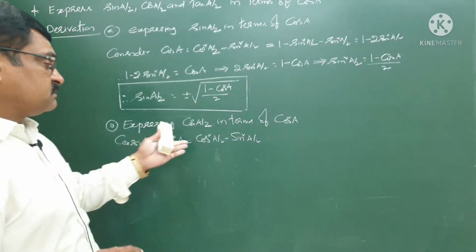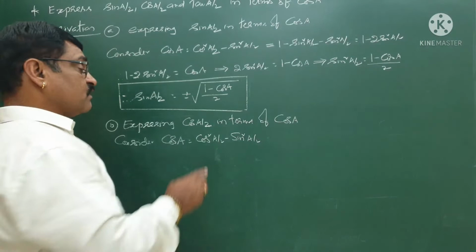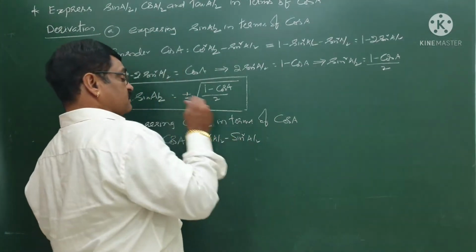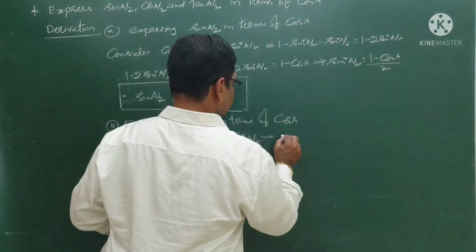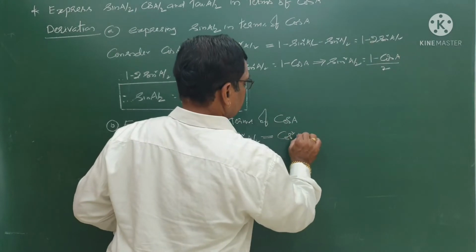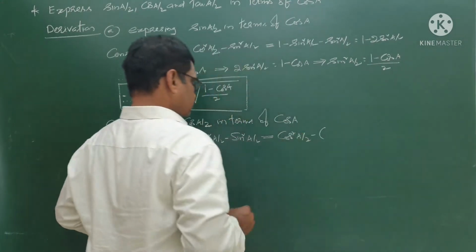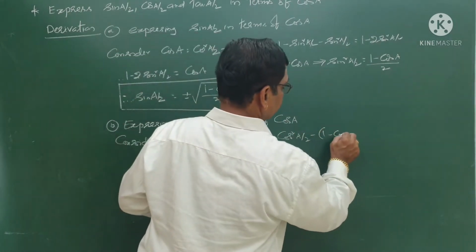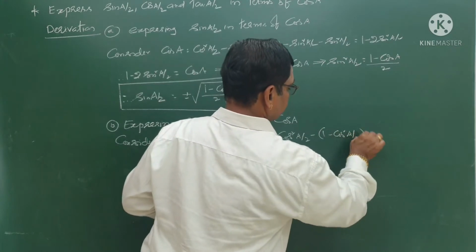Now I want cos A by 2 as subject, so I write sin square A by 2 in terms of cos square A by 2. This implies cos square A by 2 minus 1 minus cos square A by 2.